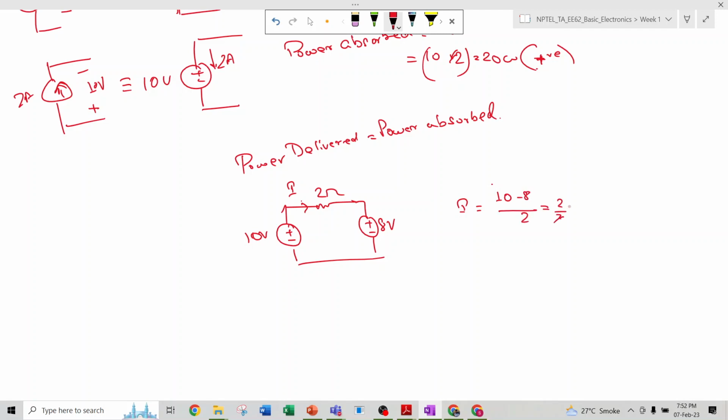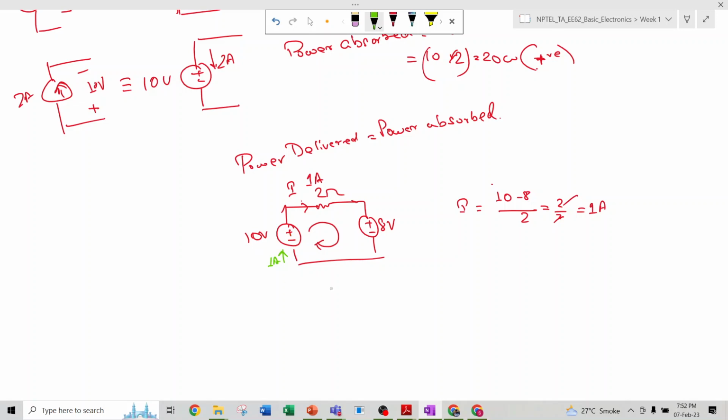That means 2 divided by 2, it comes out to be 1 ampere. So 1 ampere current is flowing all through the circuit in this manner. Basically this 1 ampere is entering the 10 volt source minus to plus.